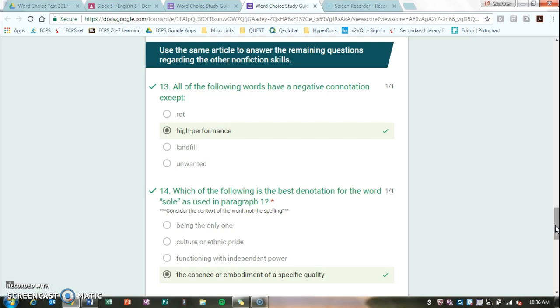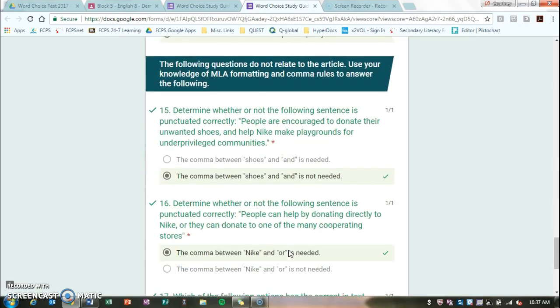But what they really meant was soul searching, S-O-U-L, which is kind of like an inner being or the essence of someone. So in that case, the correct denotation is the essence or embodiment of a specific quality. They did not mean soul in terms of one, meaning only one or an independent power, and it really didn't have anything to do with a culture or an ethnicity.